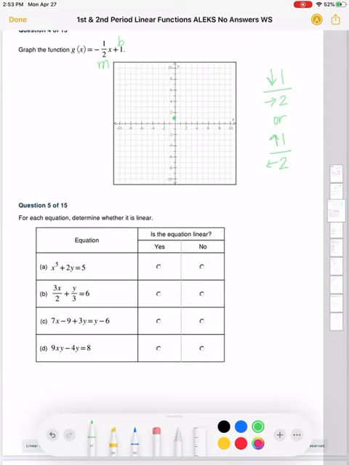Okay, question 5 says determine whether it is linear. Remember that a linear equation must look like y equals mx plus b. X and y have to be to the first power.